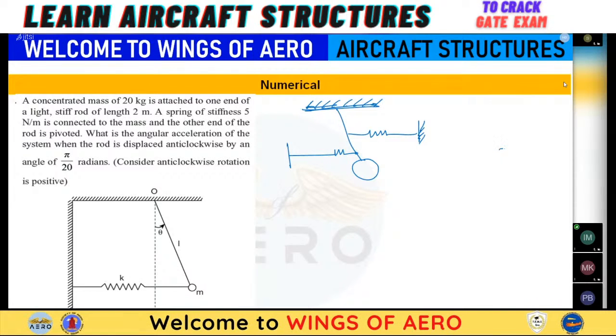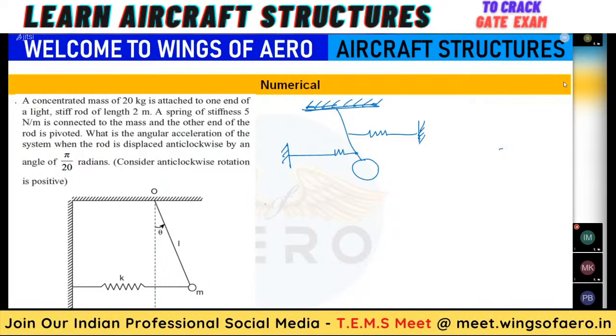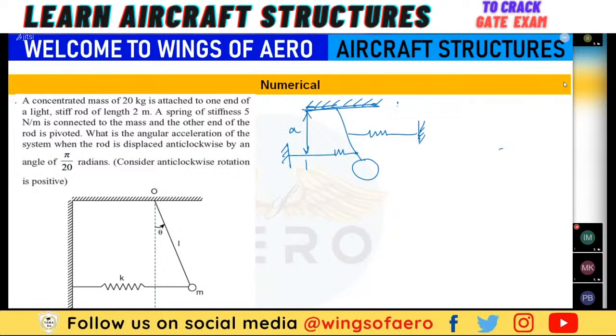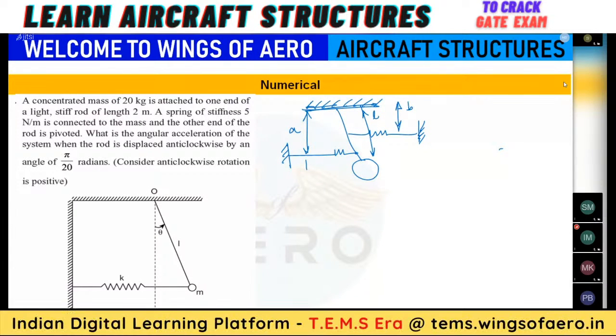Here also we have a fixed support. The distance from here to here is maybe A. From here to here it is B. And here to here it is L. This is a mass.